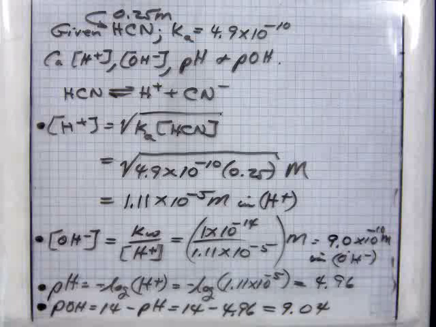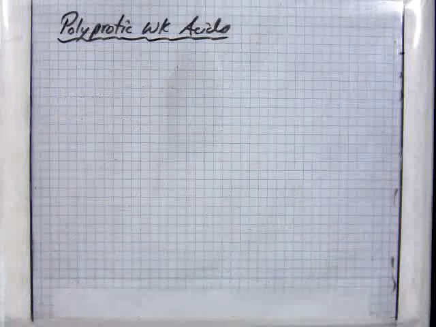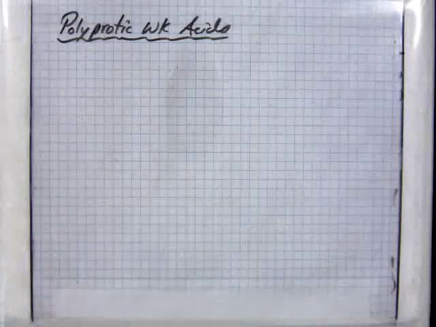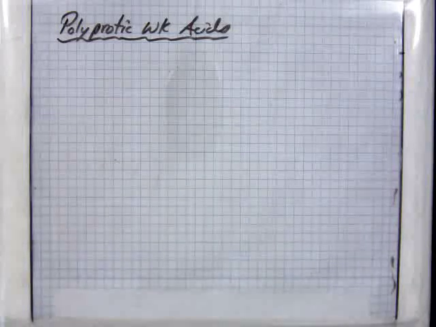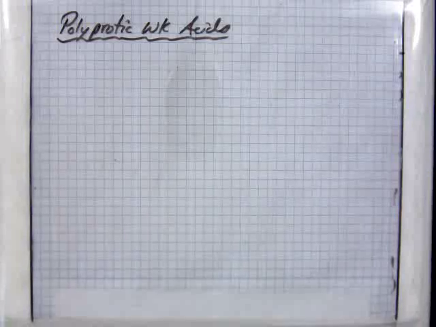Next is what is referred to as polyprotic weak acids. Polyprotic weak acids mean that the compound contains more than one ionizable hydrogen.